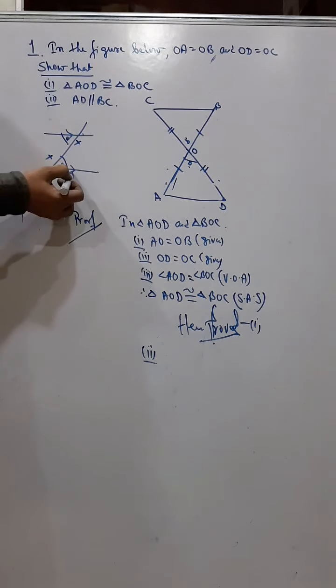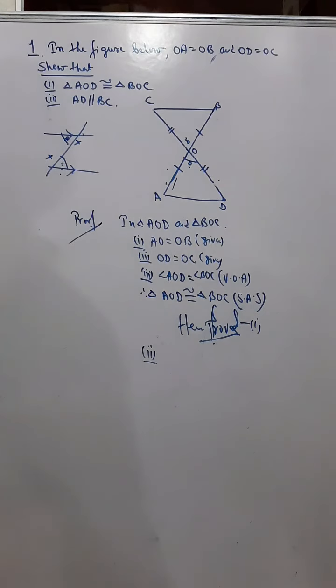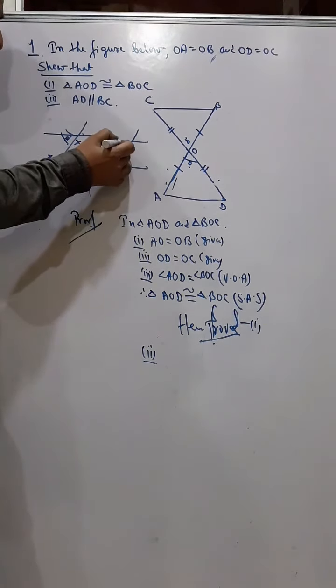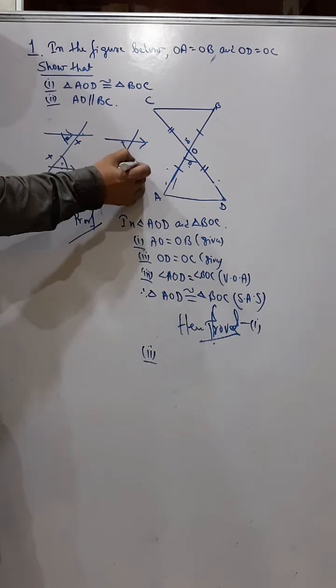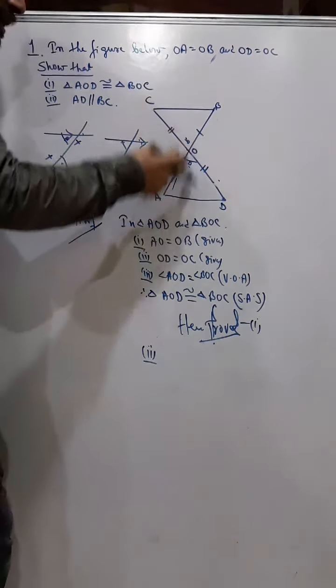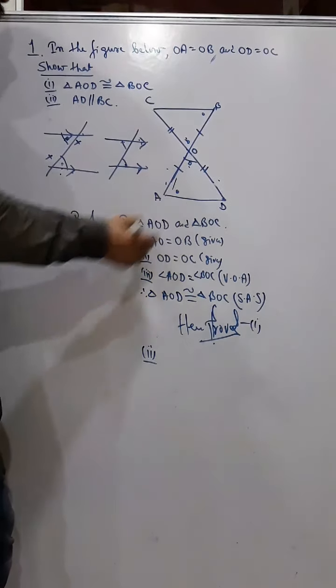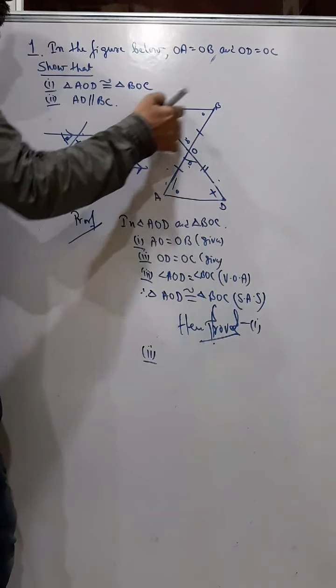Conversely, if two alternate angles are equal, then we can say automatically that these two lines are parallel. Understand? So when we have to prove that these two lines are parallel, we have to prove either this angle equal to this angle, or this angle equal to this angle. These are called the alternate angles.